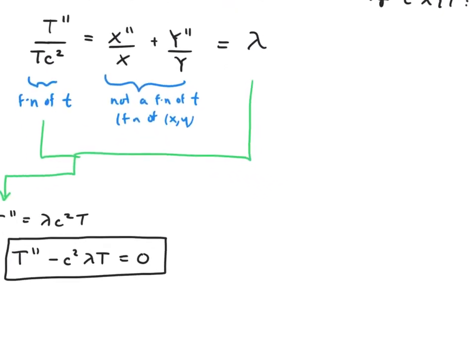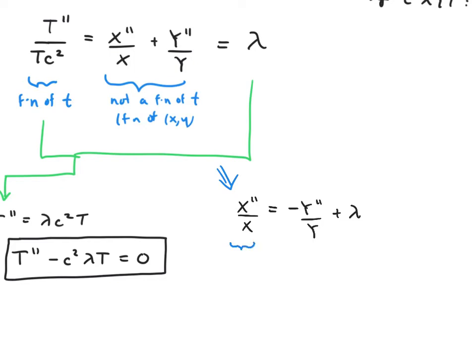All right, so the next thing I'm going to do from this is just take the latter two parts of this, the X double prime over X plus Y double prime over Y, and then the lambda. Okay, and I just want to rearrange that slightly into X double prime over X equals negative Y double prime over Y plus lambda. And we can have a very similar conclusion here.